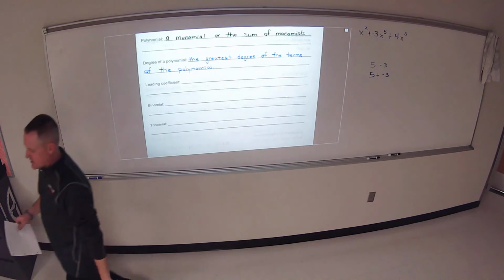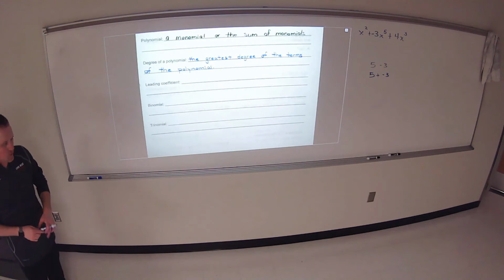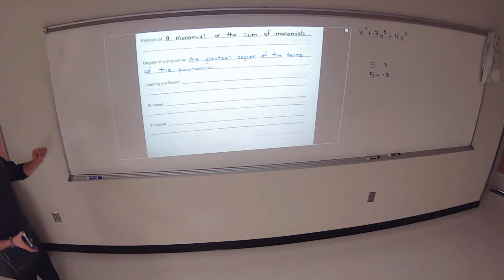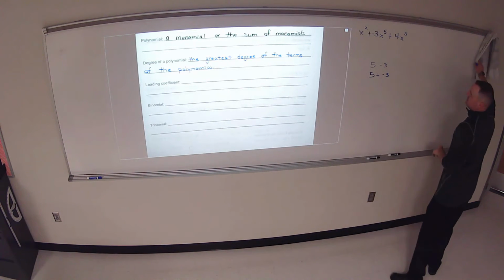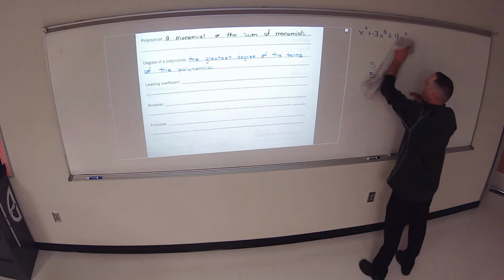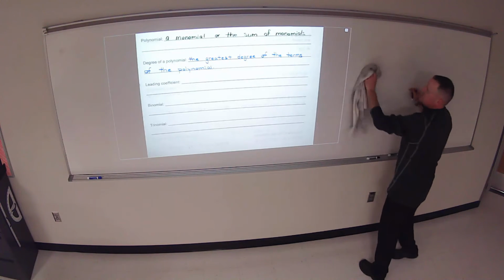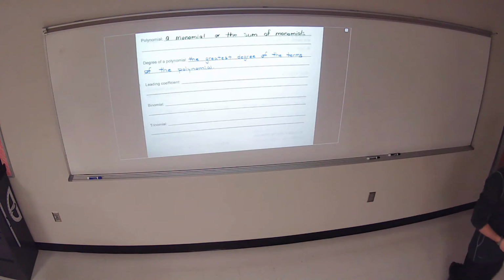When I ask you for the degree of a polynomial, you are looking for the greatest degree of the terms of your polynomial. And again, I'm trying to give you examples as we go, so the words to me make perfect sense, but I also know exactly what I'm doing here. If these are new vocabulary terms to you, you might be a little unsure.